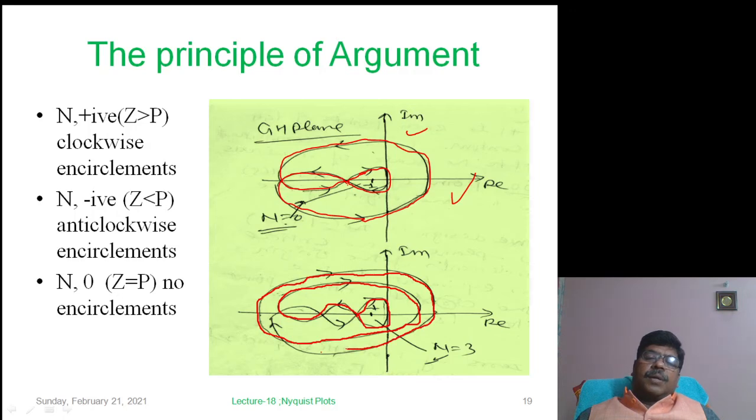So, what happens? It has encircled the critical point thrice in the clockwise direction. So, N is positive, meaning the number of zeros is greater than the number of poles. Z is greater than P, meaning the angle subtended by zeros is greater than that of poles.